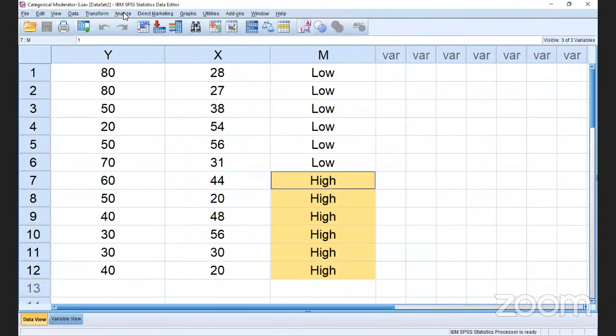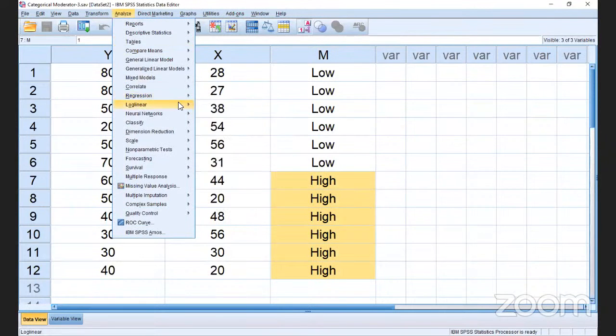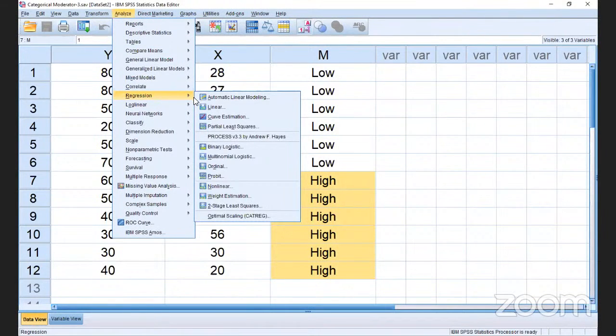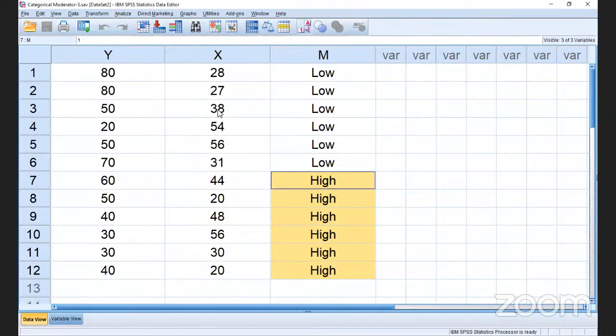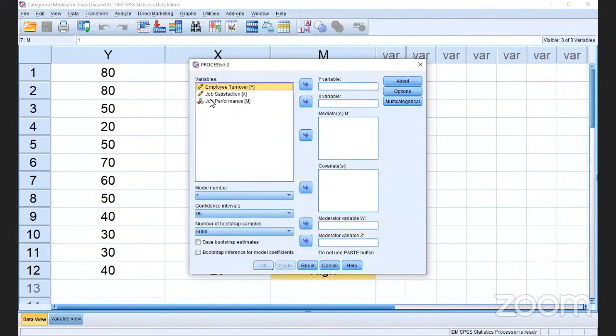So this is Analyze, then Regression, and under Regression you can see the PROCESS option. After clicking it, it is very easy to perform. Employee turnover is the dependent variable, so I am transferring it to the Y variable.